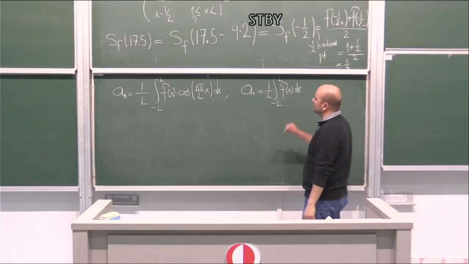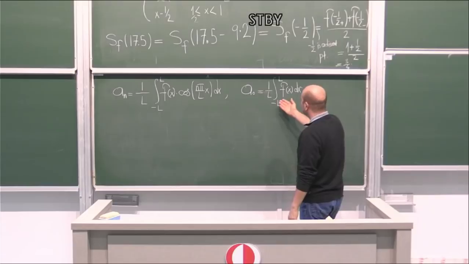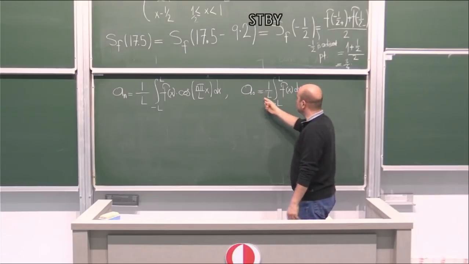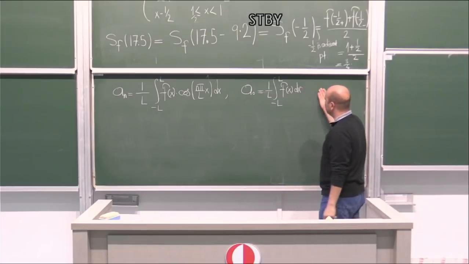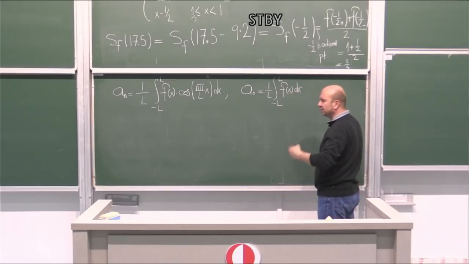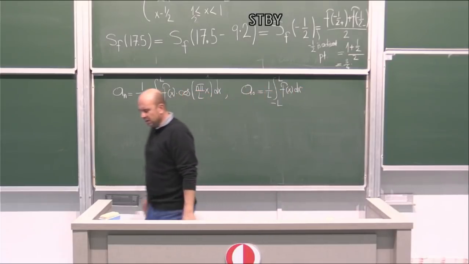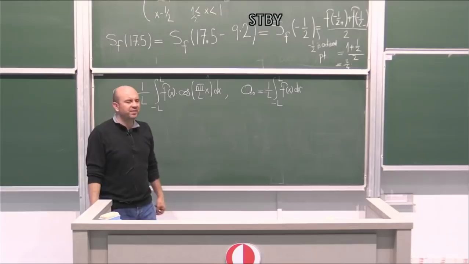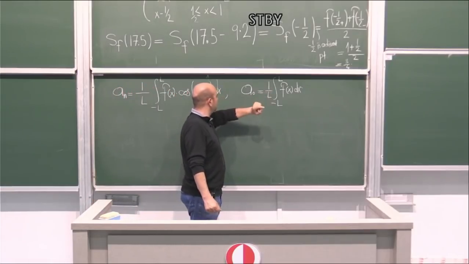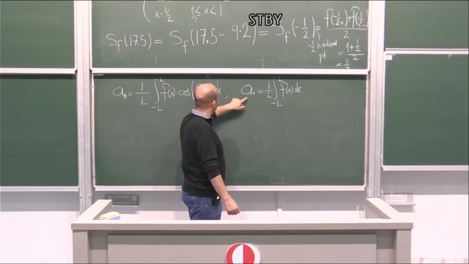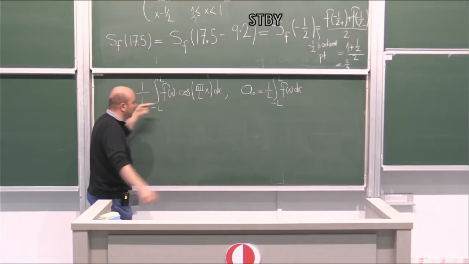When you write the series, we write a0 over 2. So you have to divide by 2, which tells you the constant term of the Fourier series is the average value of your function between minus L and L. This integral is twice the average value, but in the Fourier series we write a0 over 2 because we want to use the same formula.